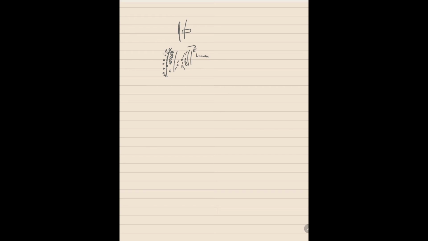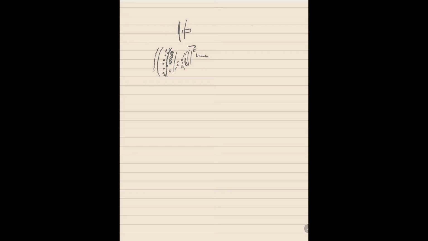Outside that, two things could be happening. If the intestine is intraperitoneal, then there will be serosa. If it's extraperitoneal, then it will be adventitia. So this was just the general histology.